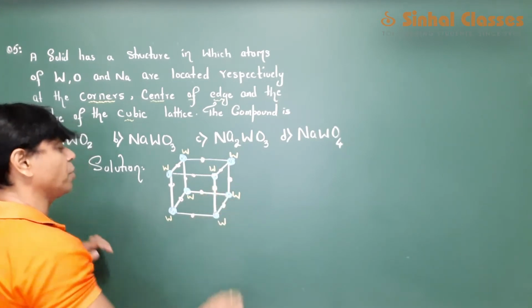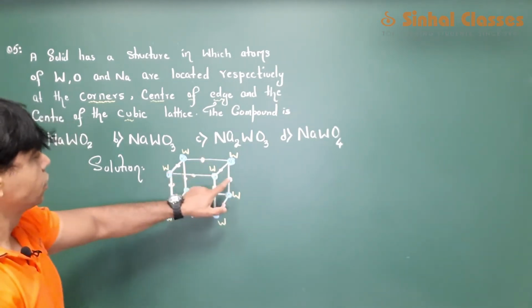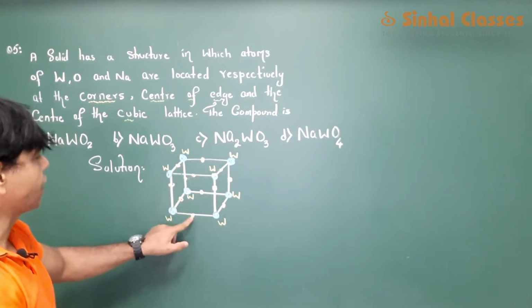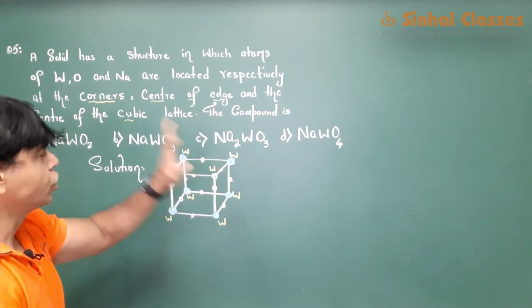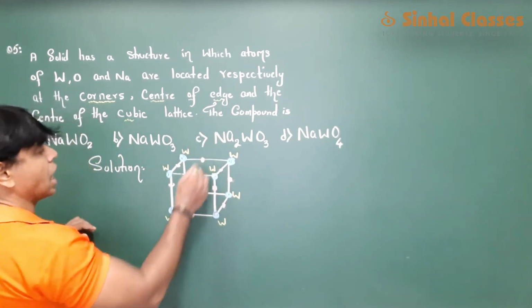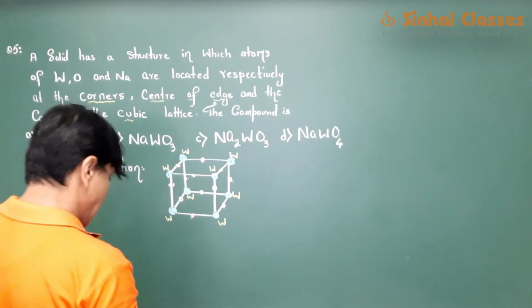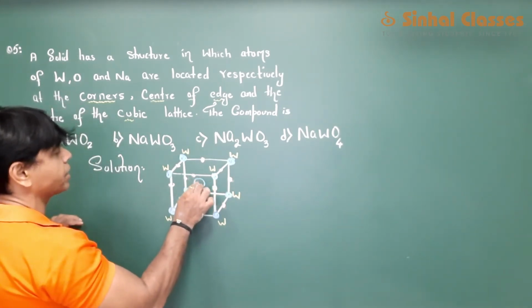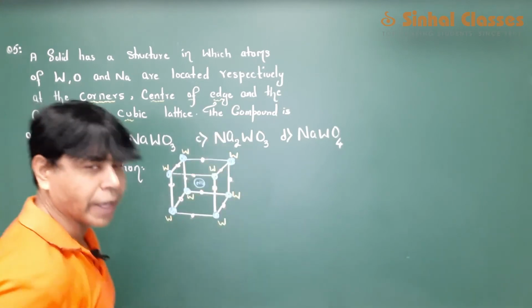So count it, how many are there total? 1, 2, 3, 4, 5, 6, 7, 8, 9, 10, 11, 12. So oxygen is present at the 12th center of the edges and sodium is present inside. Sodium is present inside. Okay.